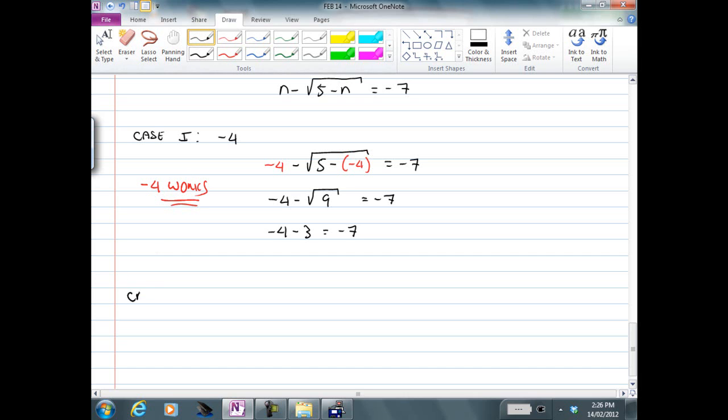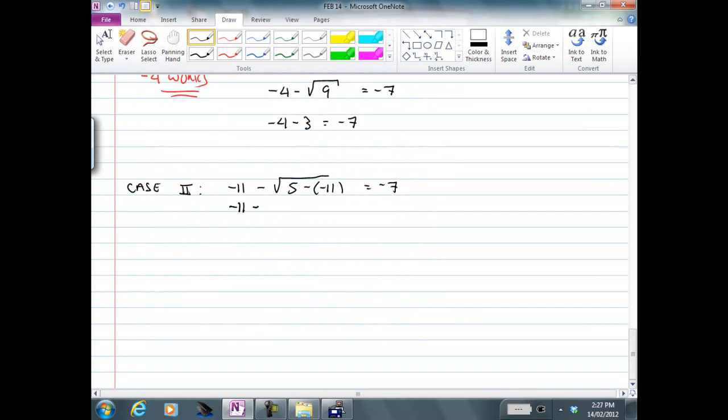I want you to do the exact same thing with negative 11. Case 2. See if negative 11 works. You're going to sub in negative 11. I'm going to pause it and let you try on your own. So when I sub it in, watch what happens. Negative 11 minus the square root of 5 minus negative 11. I want to see if it equals negative 7. If it equals negative 7, life is good.